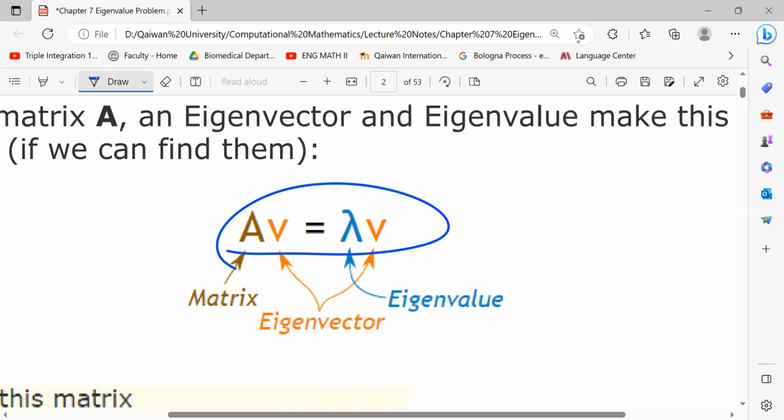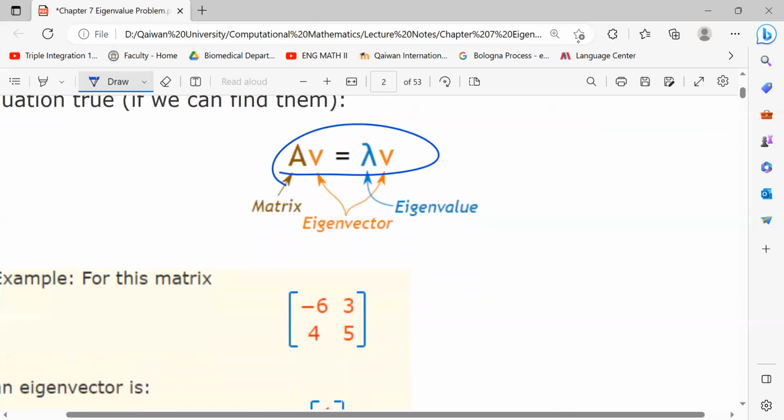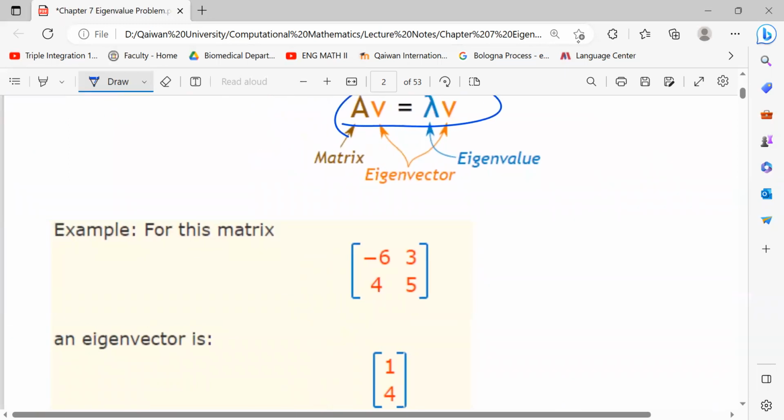We will study how to find the eigenvalues and eigenvectors for a given matrix. Okay? We say if we multiply the matrix by the eigenvector, it must equal the eigenvalue multiplied by the eigenvector. Okay, these two must be equal. Here is an example. It says, for this matrix, this is the eigenvector. It's given.